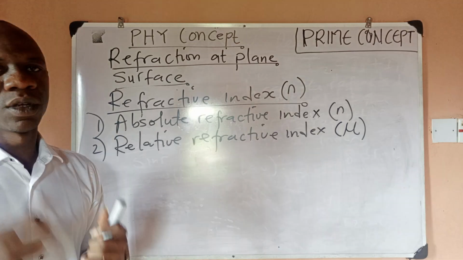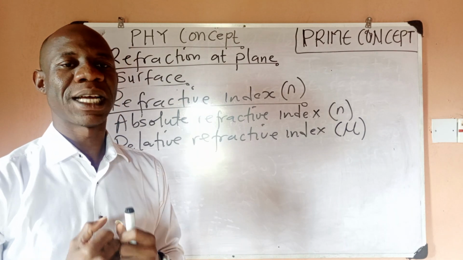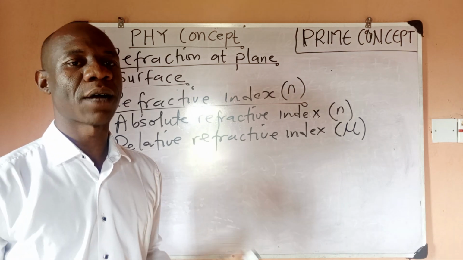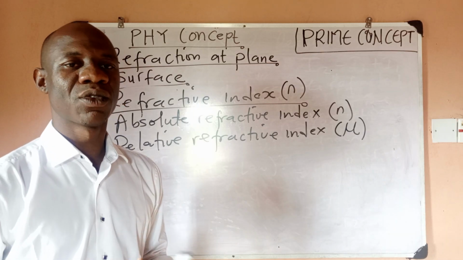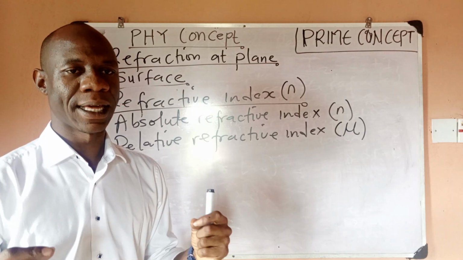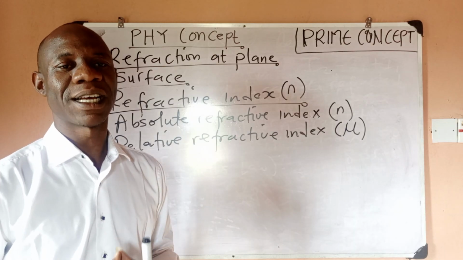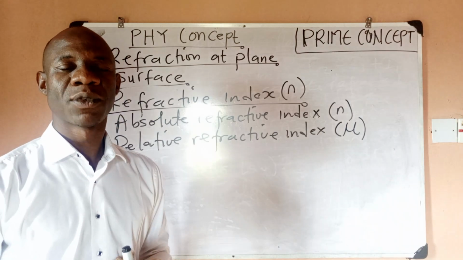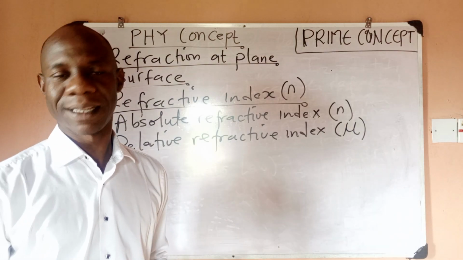The absolute refractive index is the actual refractive index of a medium. For example, the absolute refractive index of air is what? You are very correct. The absolute refractive index of air is 1. Next, the absolute refractive index of water is 1.33.